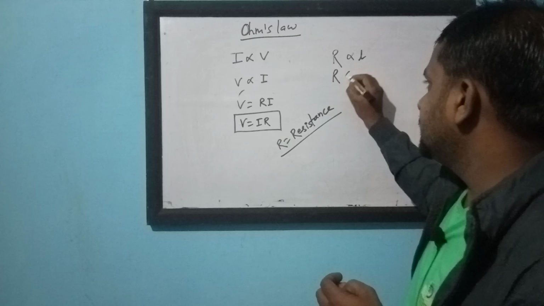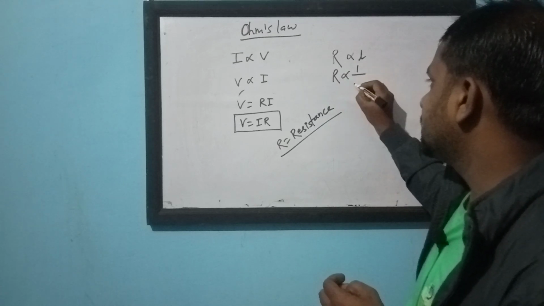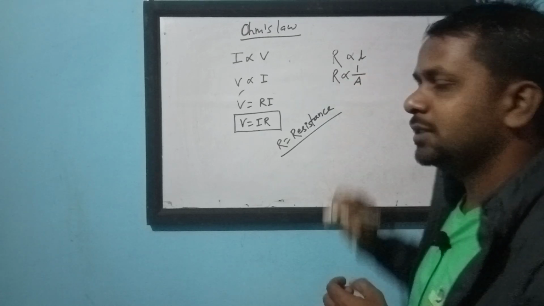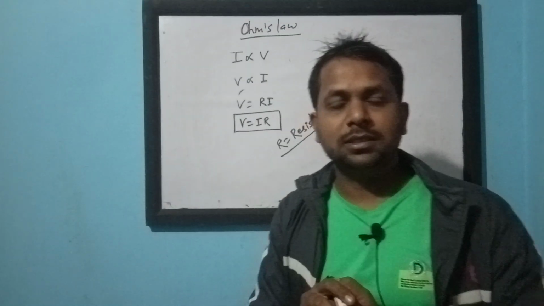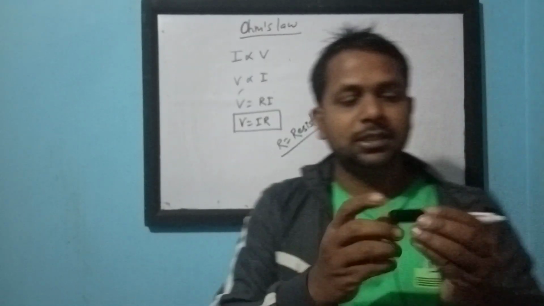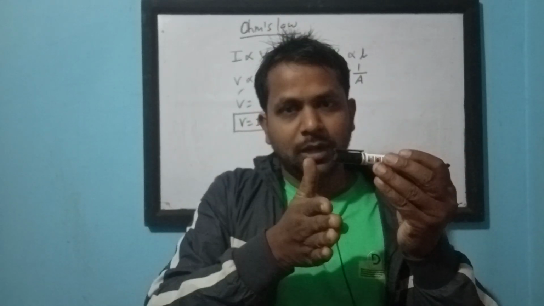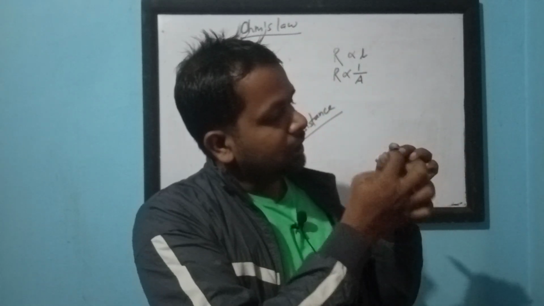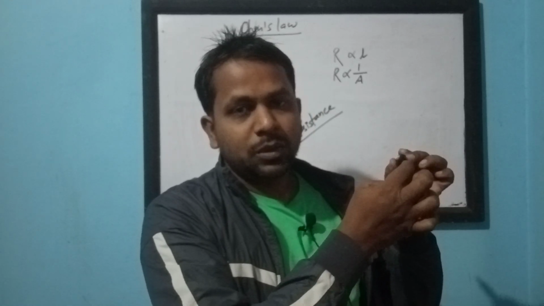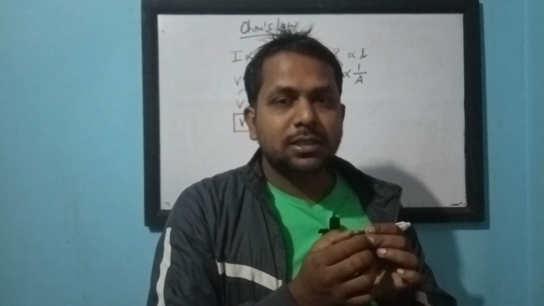Similarly, resistance is inversely proportional to the area of cross section. Area of cross section means, suppose this is a wire and current is moving here. I am cutting this wire like this, then this becomes the area of cross section. We can also say area of cross section indicates the thickness of wire.